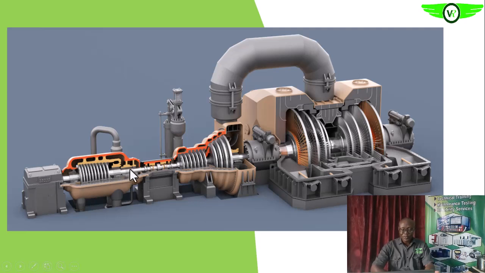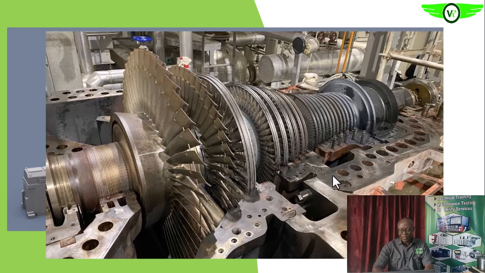This is the HP section. Then we have the intermediate pressure section. Then we have the low pressure or LP section of the steam turbine before it is exhausted. Then we have the condensate system also. We will see all of this as we go along.